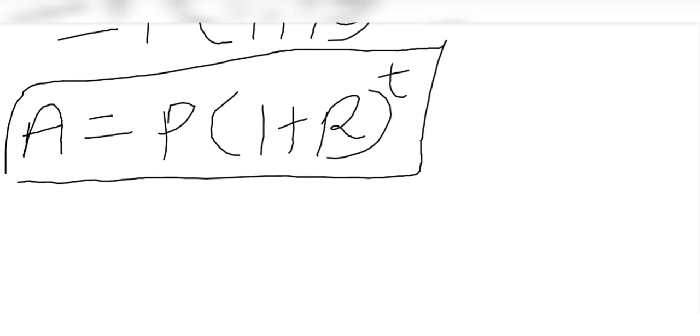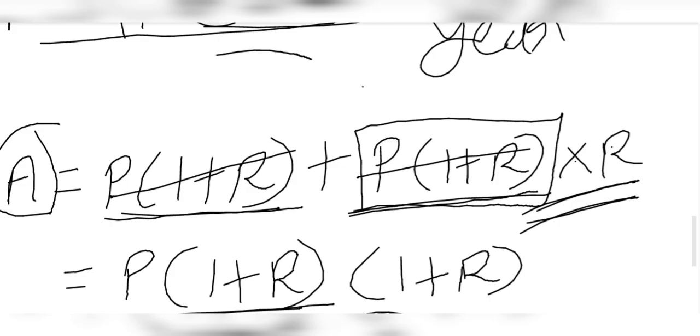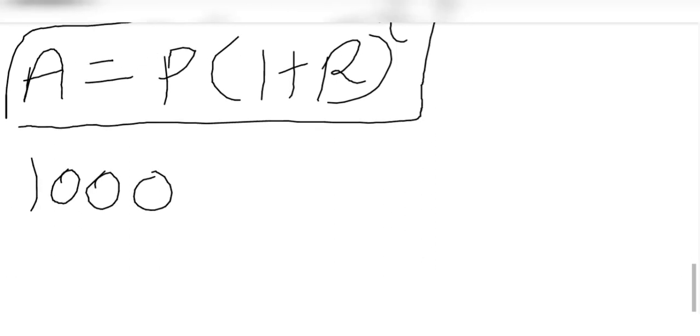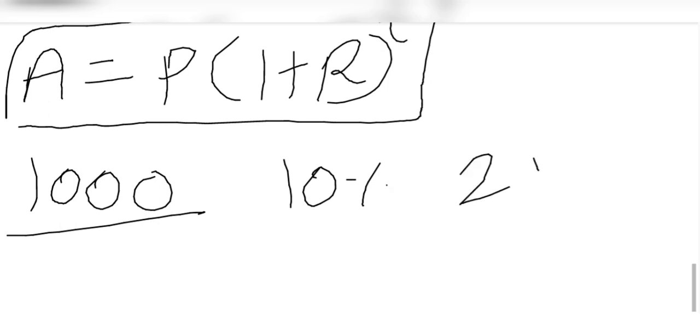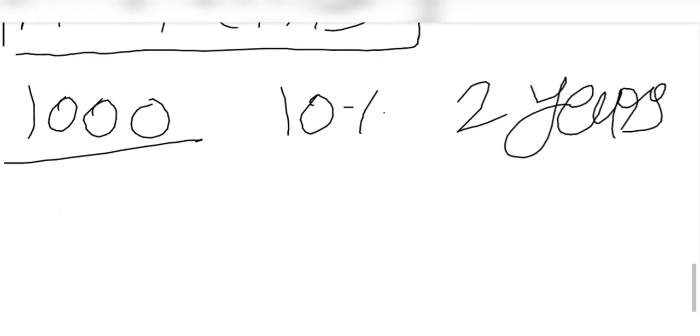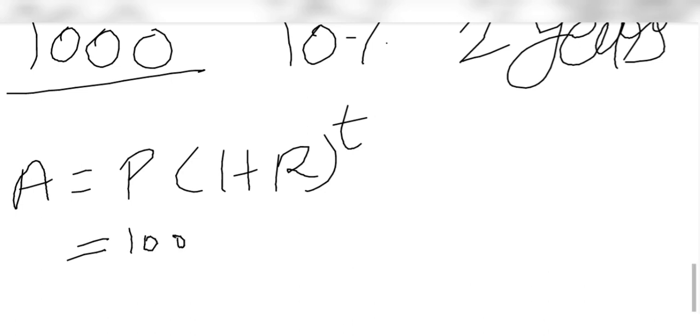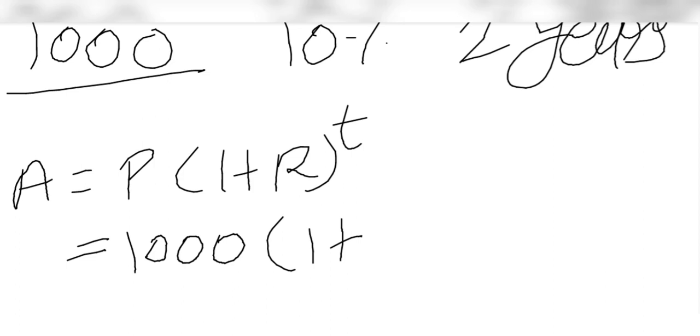Now we calculate the above example using this formula. 1000 rupees, 10% and 2 years. A is equal to P into 1 plus R raised to T. Here P is 1000, and R we can put as 0.10, that is 10 divided by 100, equal to 0.10.